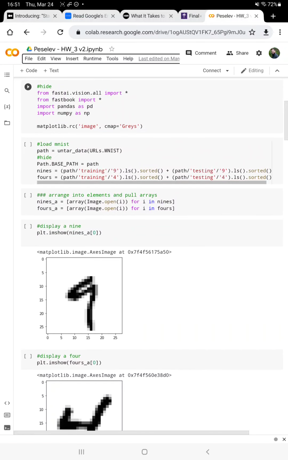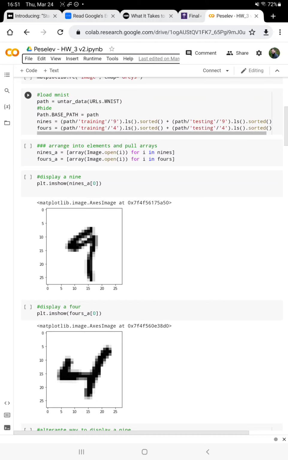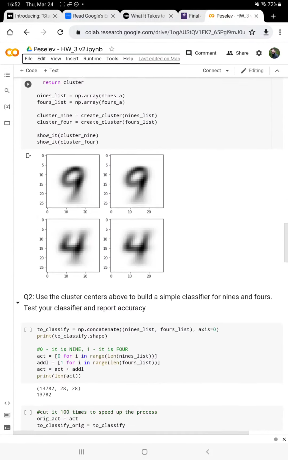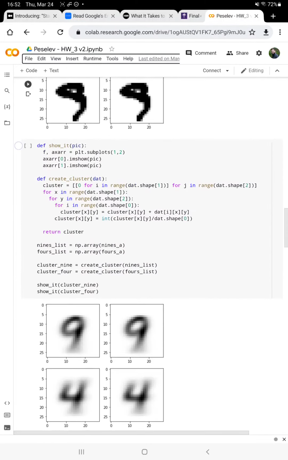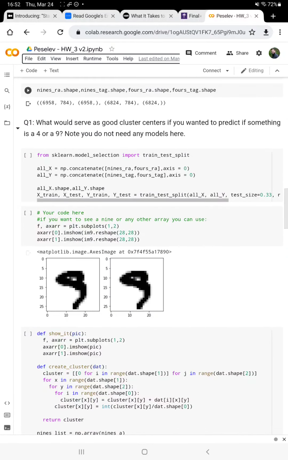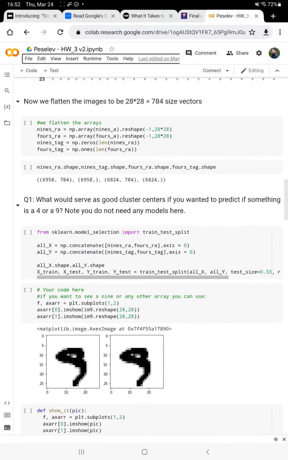But basically, if you were to do the command nines a dot shape, it would return you something like 28, not 28, I don't remember, I think 6,000 or something like that. Actually, you know what, we have the answer. Ignore what I'm doing now. Let me see. Okay, so it would be somewhere here, by the way. Okay, so here it is.